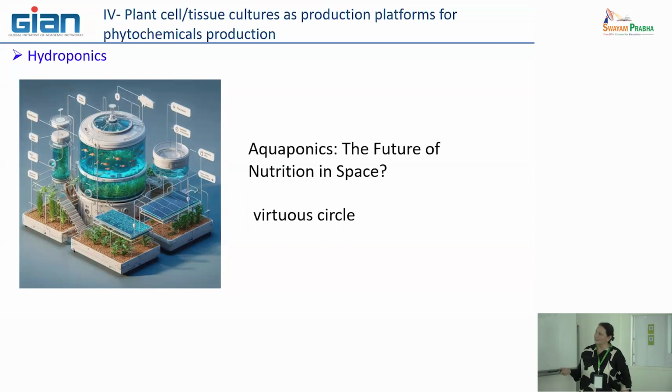And it seems that this system could be one of the possibilities, because as I showed you, it's quite completely autonomous, and only needs at the beginning to implement the first plants and first fish in the system. So they want to take advantage of this virtuous cycle to apply this type of methodology, for example, for this system.